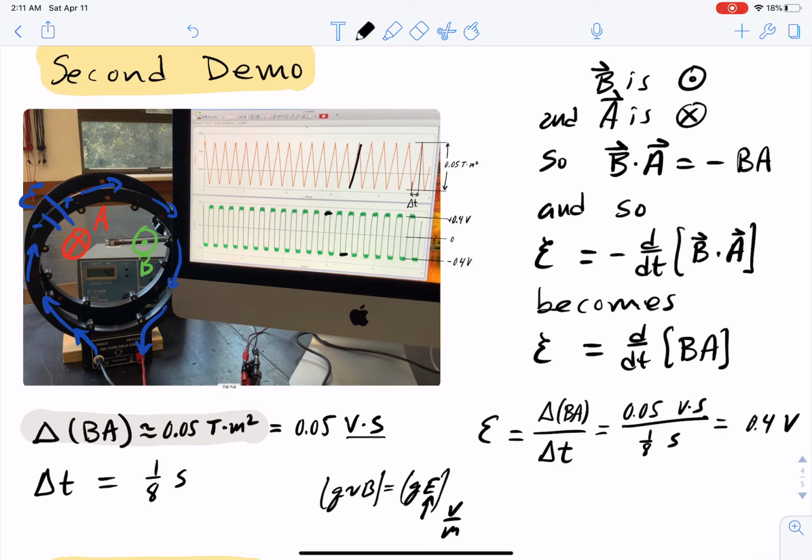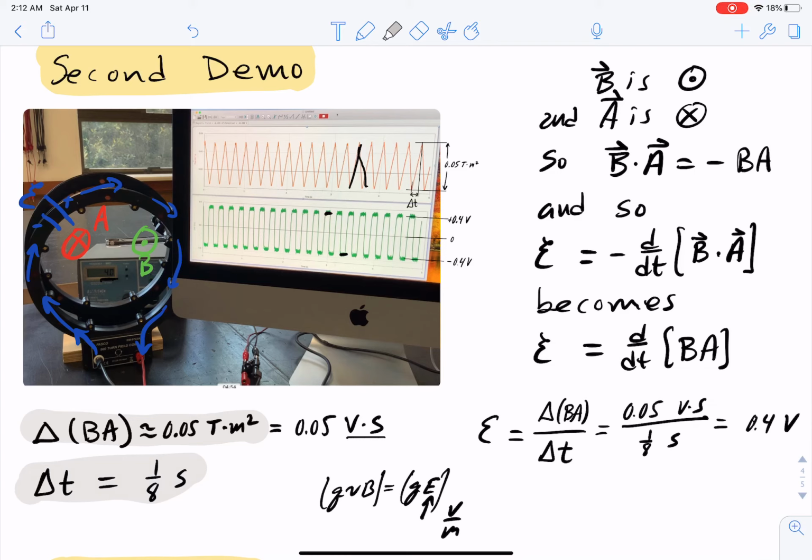Okay, and the time, we need the time for the rise. If you zoom in here on the oscilloscope, you can see it's 4 cycles per second. So it's a quarter of a second for 1 cycle. It takes half a cycle to rise, half a cycle to fall, so it's 1/8 of a second here for the rise time.